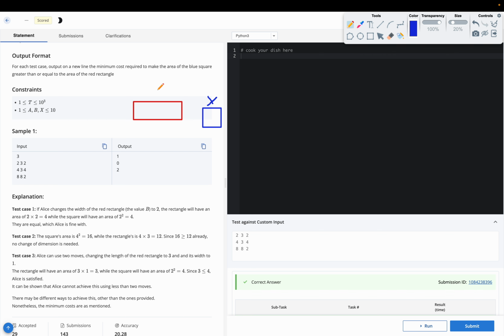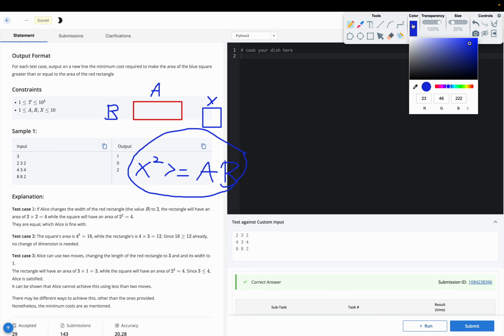And we have this rectangle as a and b. So we want that my x square should be greater than or equal to a multiplied by b. So this is the condition which we are referring to.